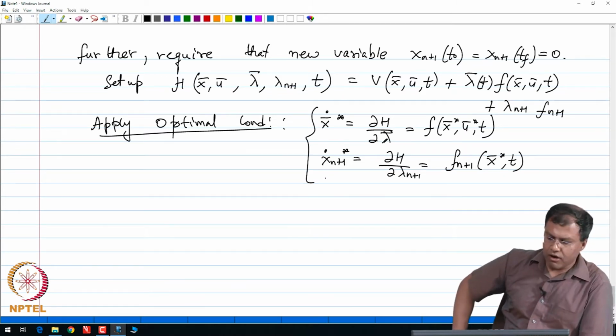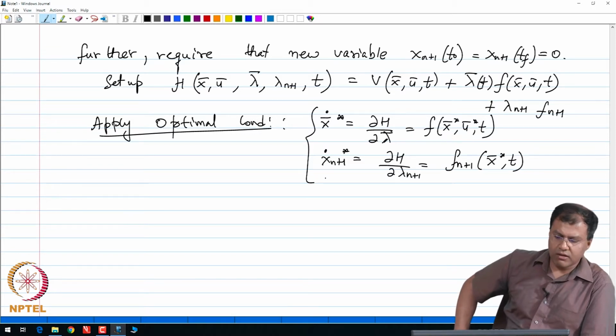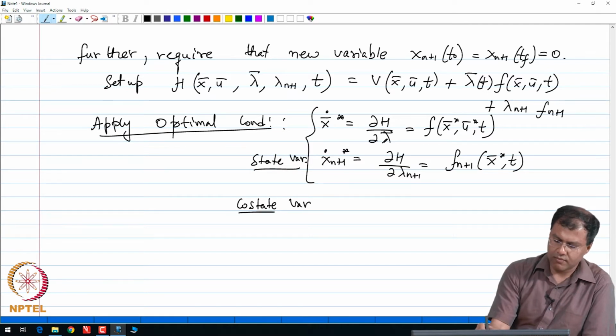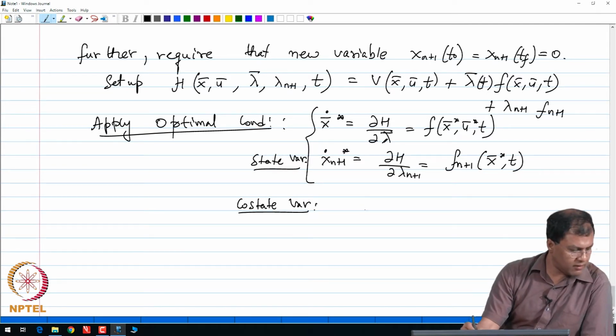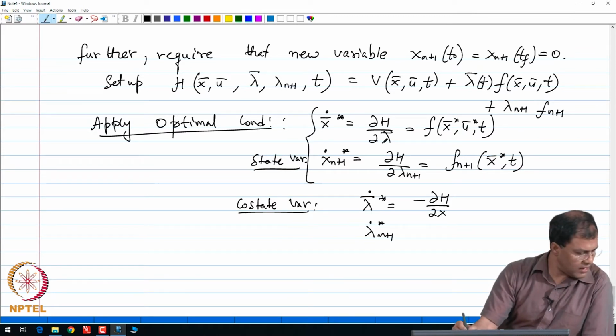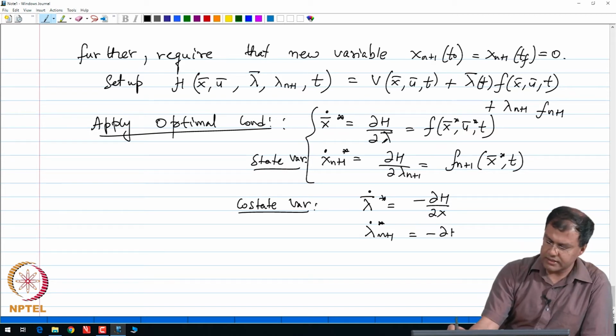Okay. And then for my co-state variable, we also have n plus 1 equations. So, this is my state variables, and my co-state variables are lambda bar dot star is minus partial h partial x, and then the extra condition that we have is lambda dot star at n plus 1 is equal to minus partial h partial x n plus 1, right.